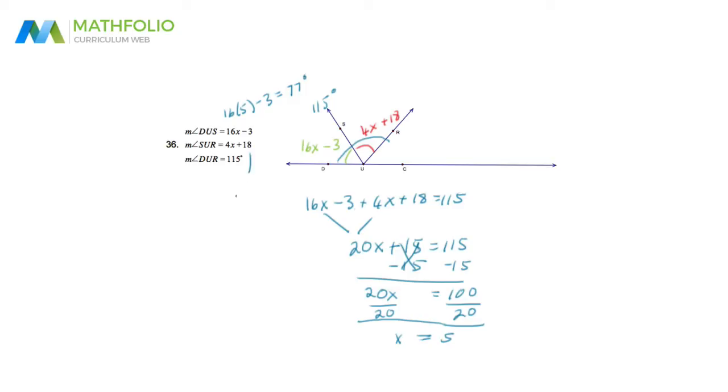Then right here, we've got 4 times 5 plus 18. So 4 5s are 20 plus 18, 38 degrees. So if we wanted to check this final fact, we would do 77 plus 38, and that would indeed give us 115 degrees. So we know we're correct there.